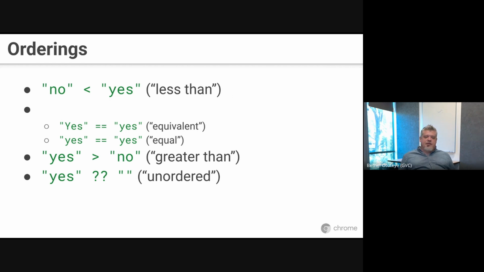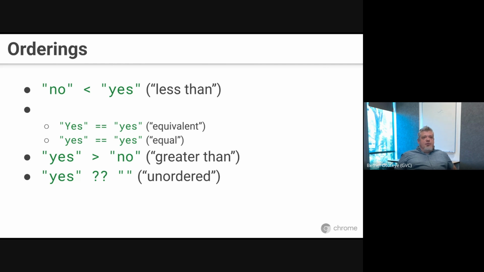This is a case-insensitive function for which string comes first in a dictionary. And that lets us demonstrate all 5 orders. We have less than, with no is less than yes, because no comes before yes in the dictionary. We have both equivalent and equal, that case sensitive versus insensitive comparing thing that I mentioned earlier.